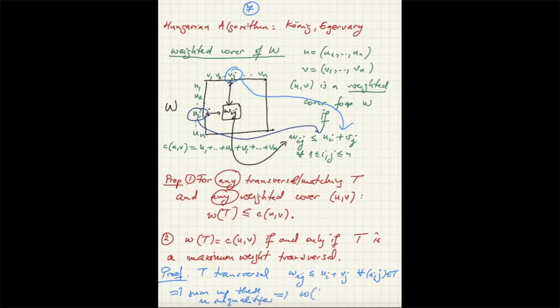On the left, we get the weight of the transversal. On the right, because this transversal has exactly one entry from each row and each column, we catch all the ui's, so it will be u1 plus ... plus un, and we catch all the vj's, plus v1 plus ... plus vn, which is the cost of (u, v). Okay.